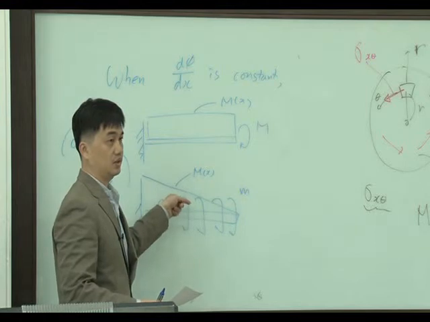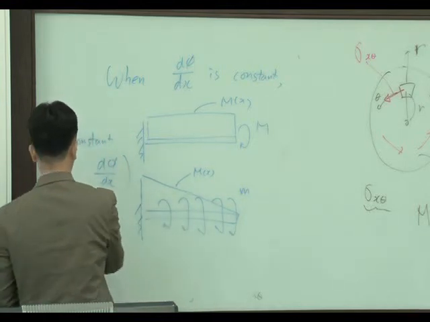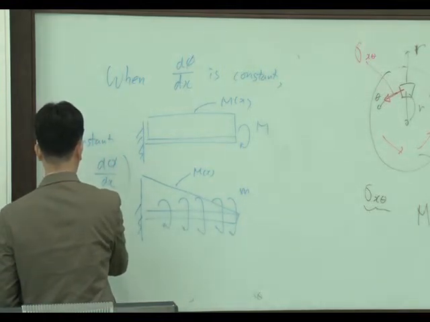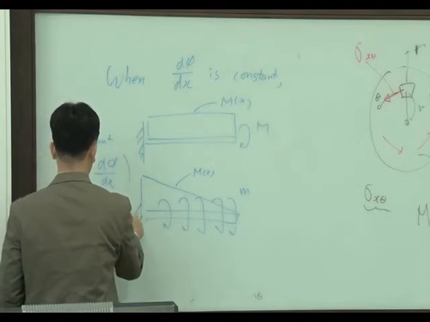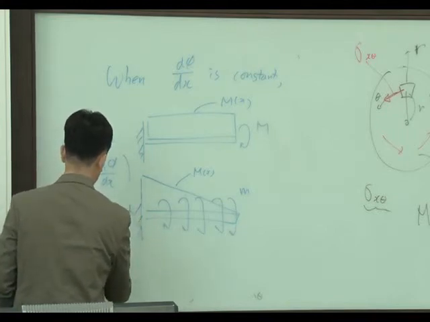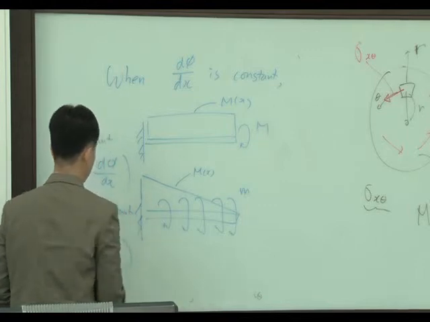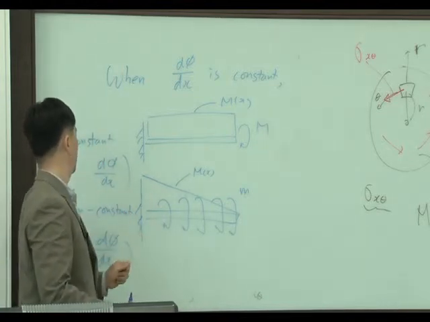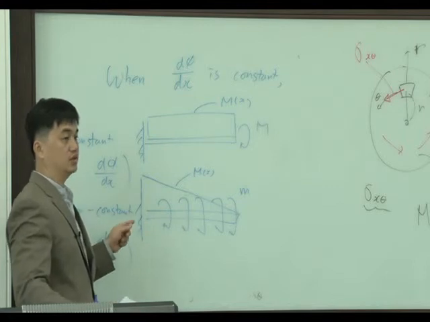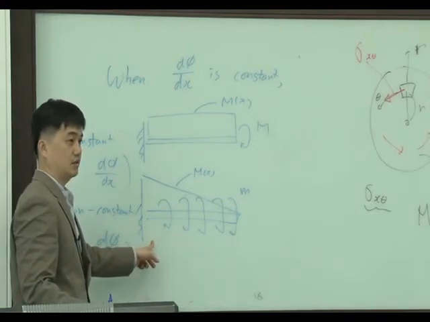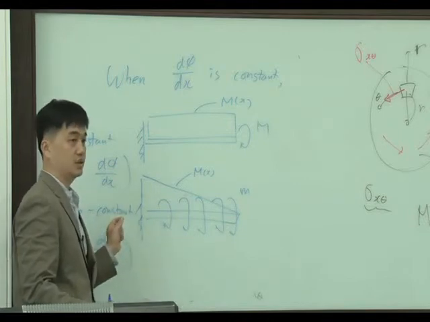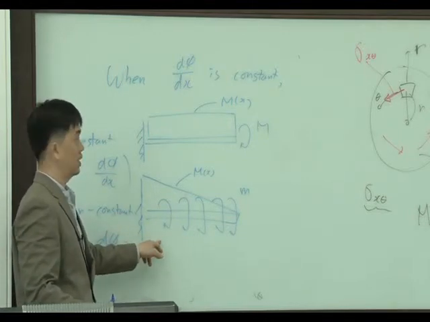It means non-constant dphi/dx. In this case, the change of twisting angle is not constant, right? This is a little bit complicated case.